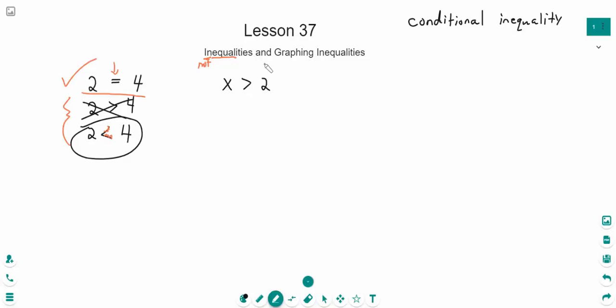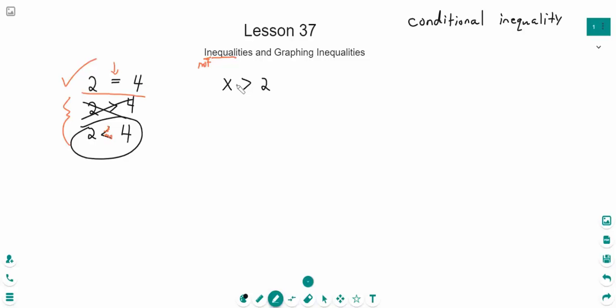All right? So I could select a value for x that would make this inequality true. I could also select a value for x that would make this inequality false. So it's conditioned on what we put in for x. It's dependent upon what we put in for x. That's why we call it a conditional inequality.